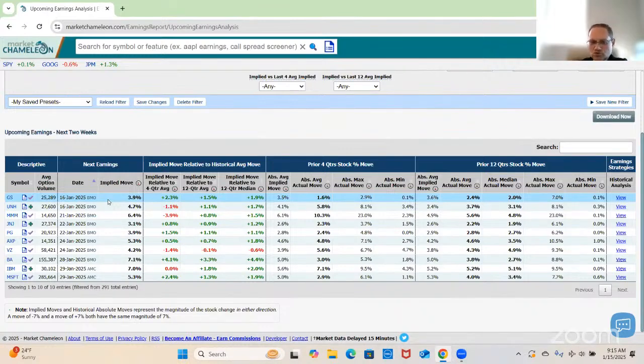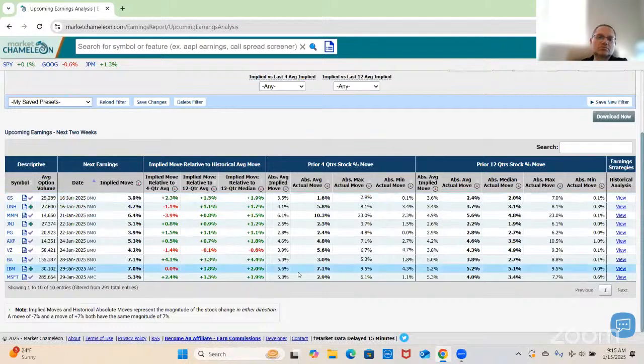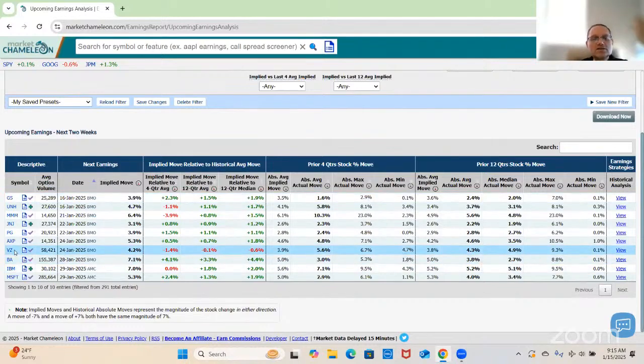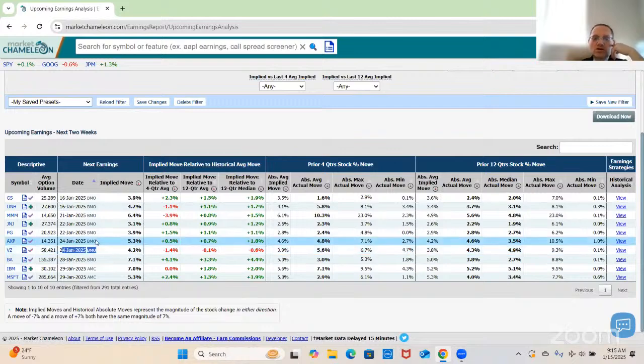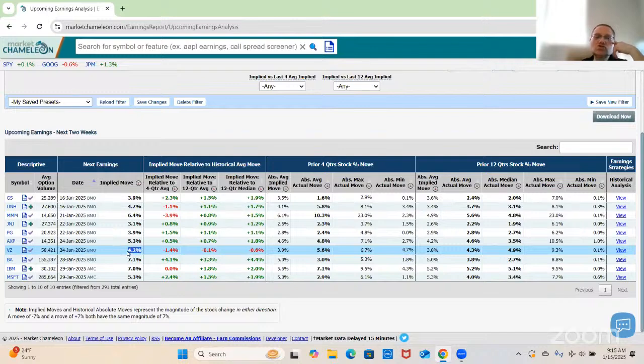Here we see, for example, Verizon, which is expected to report January 24th. And if we compare even the current straddle, which still has time to go, right? We still have 9 days till January 24th.